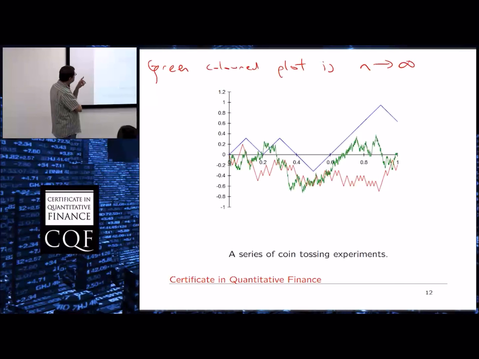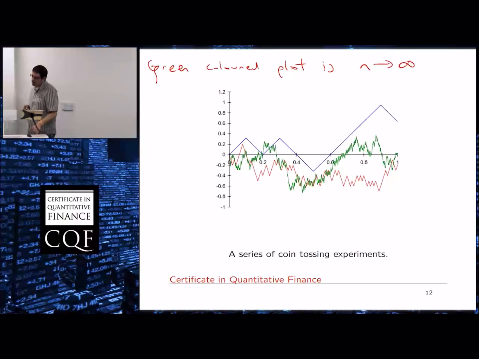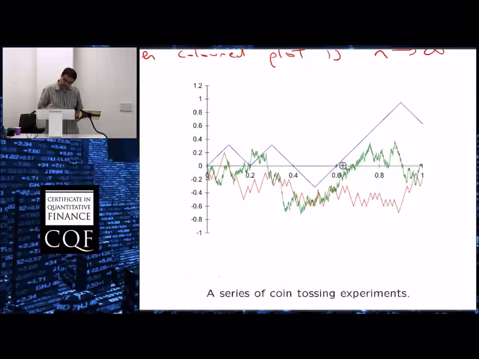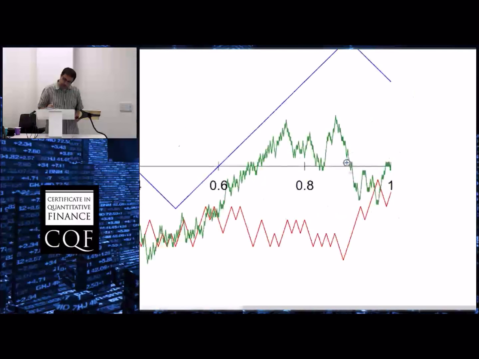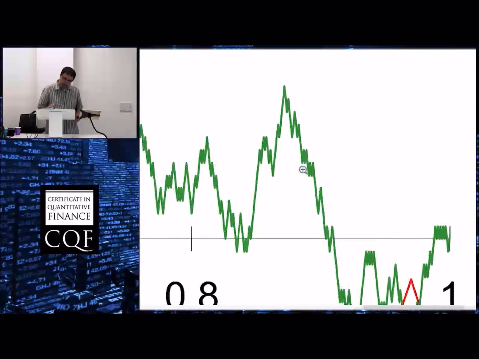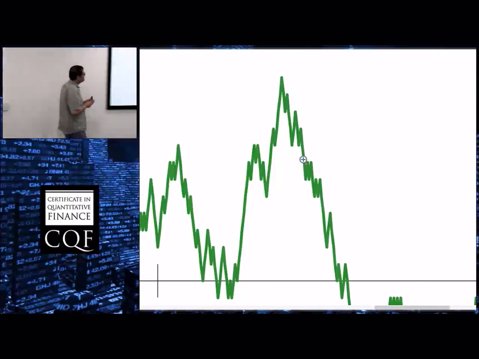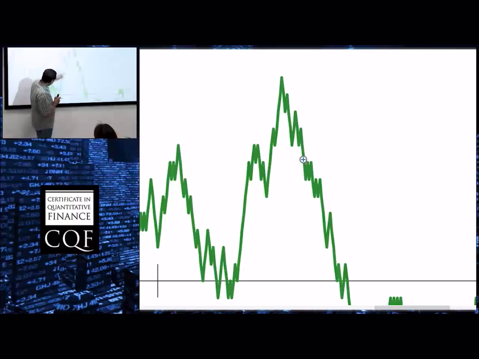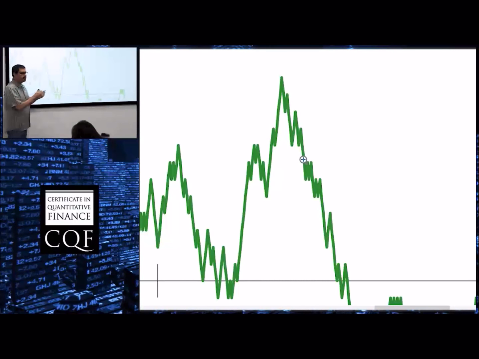Let me just zoom in for a second. So let's zoom into the green one. Can you see something interesting? At every single point, every single time here, you've got this point there, all of these different points as you zoom in.